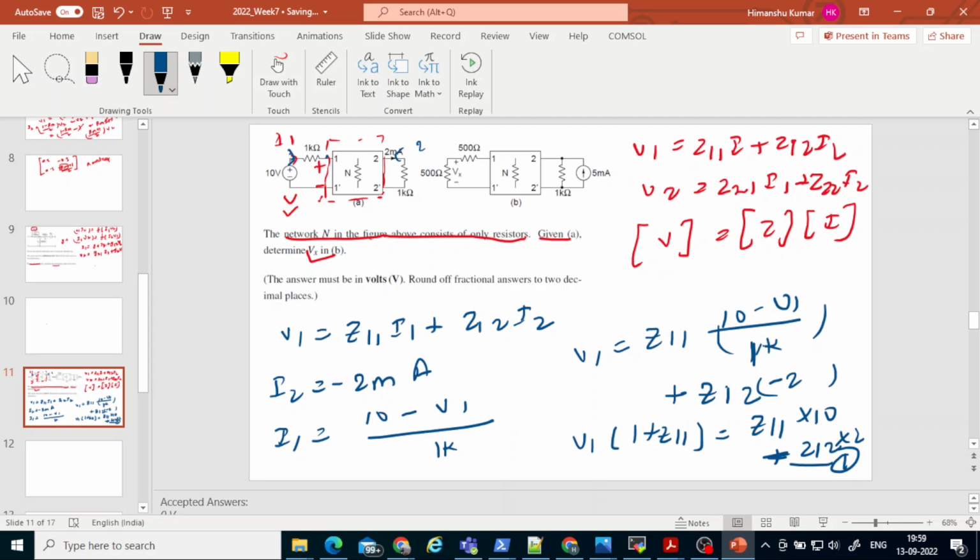Is that clear? Now in this output voltage the current is flowing, so we can find out V2 also.